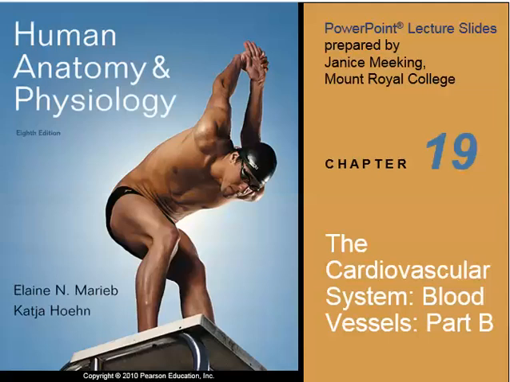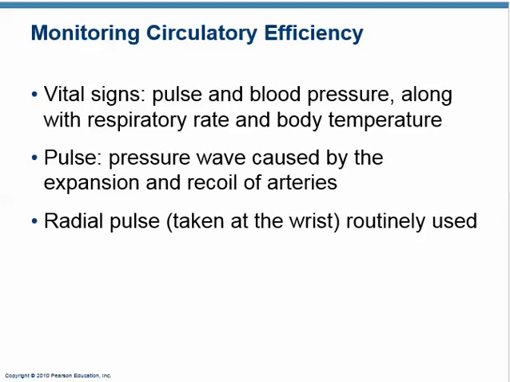So this is part B of blood vessels. Really what we talked about in the last video is blood pressure and the physiology of circulation. We have to monitor that, and that's the whole point of taking vital signs.